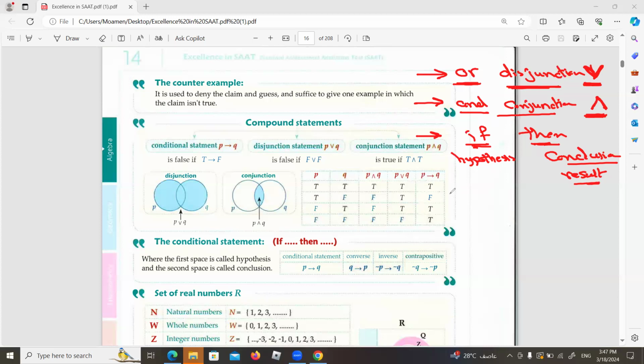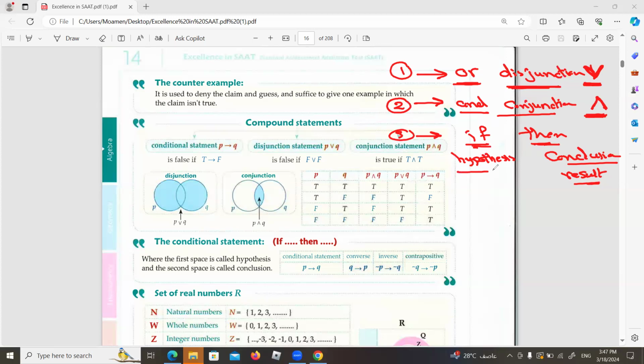So here we have a compound statement. It means we have two statements, and the compound statement may have three relations. The first relation is disjunction, or; the second is conjunction, and; and the third is if-then, the conditional, like in English.